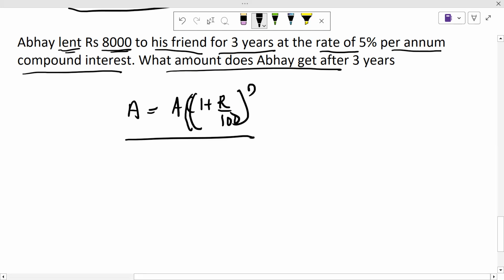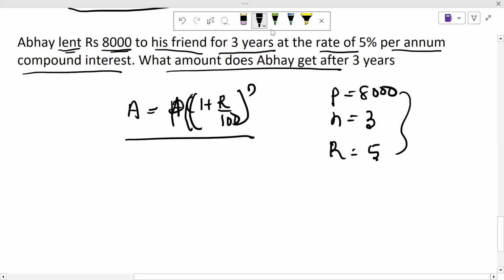In this case, 8,000 is the principal amount, time n is equal to 3 years, and rate of interest R is 5. So you put all these values here, then you find the amount. This amount is principal.